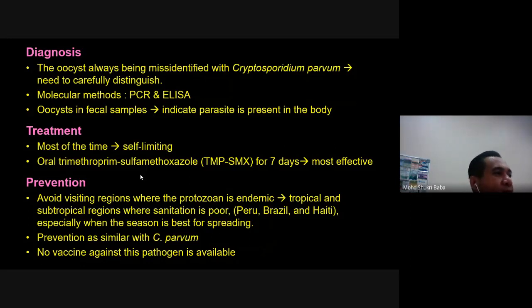Alright, selepas musim banjir ataupun tornado ataupun taufan. Basically that is why Cyclospora tu berlaku. That is why Haiti tu selalu dilaporkan berlaku selepas taufan dekat sana. Okay, so adalah dilaporkan berlaku Cyclosporiasis. And then prevention sama seperti C. parvum.